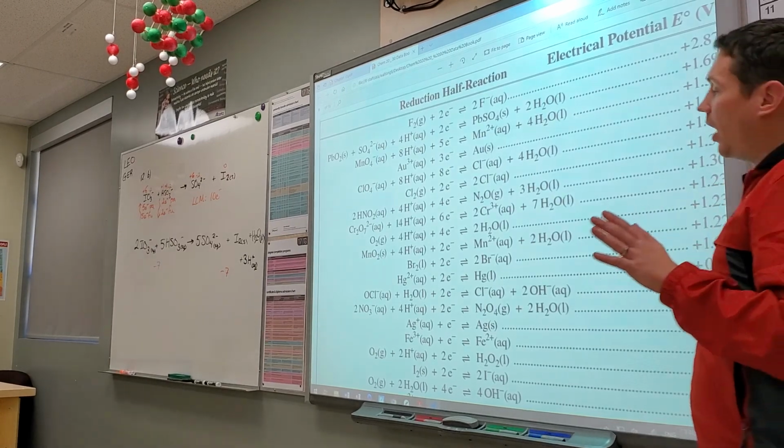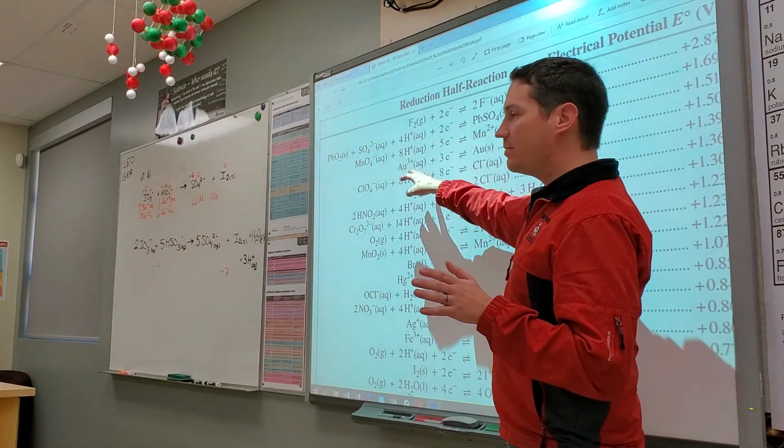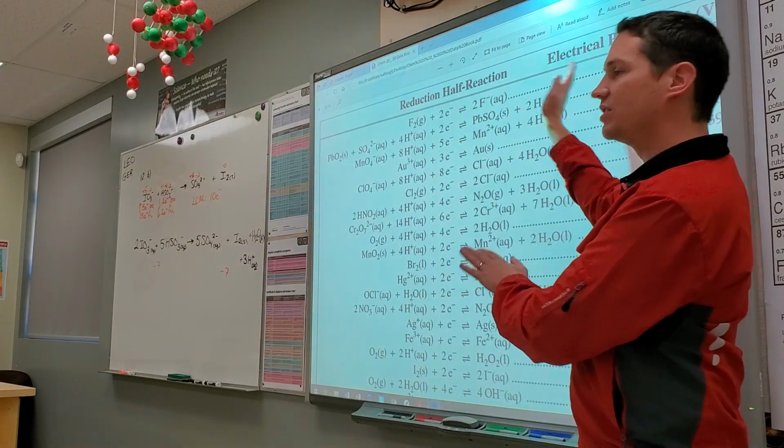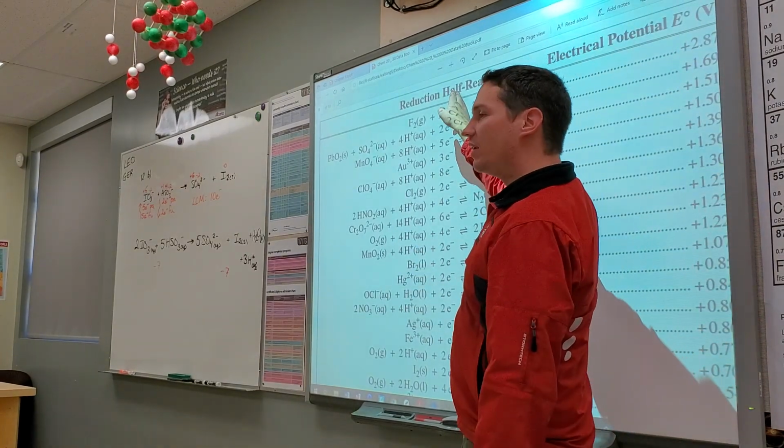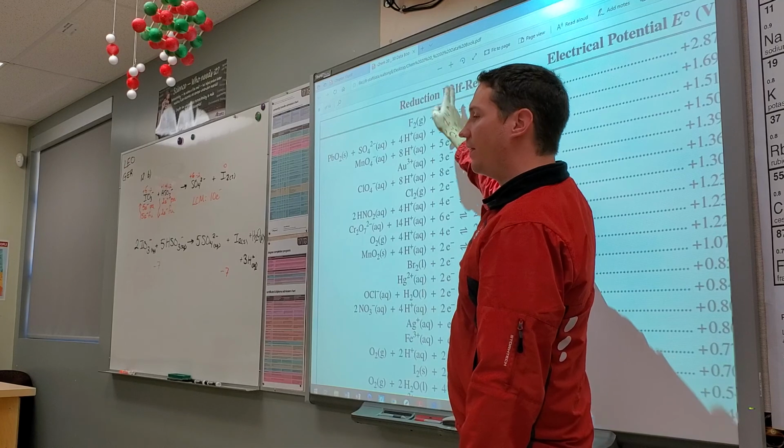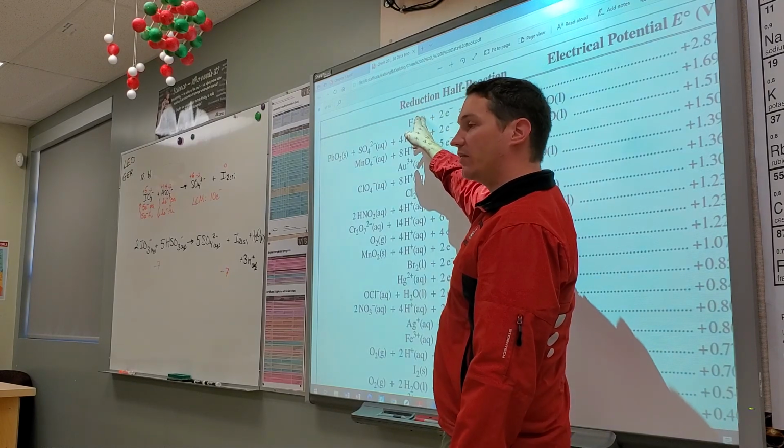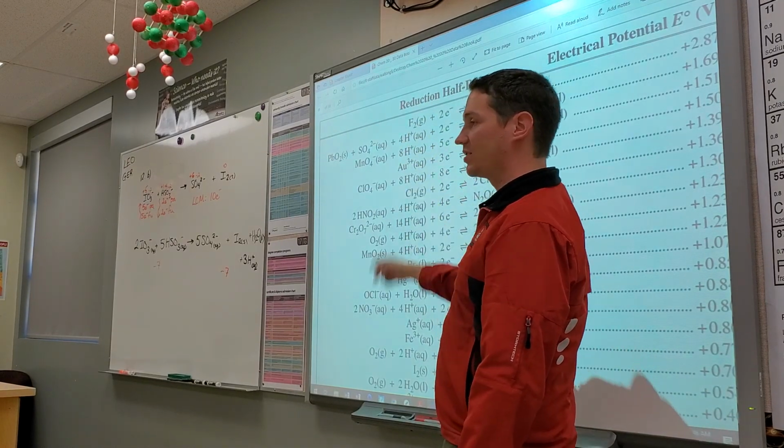What do we have? On the left-hand side, kind of the whole left-hand 2/3, we have half reactions. And every single one of them is written as a reduction half reaction.